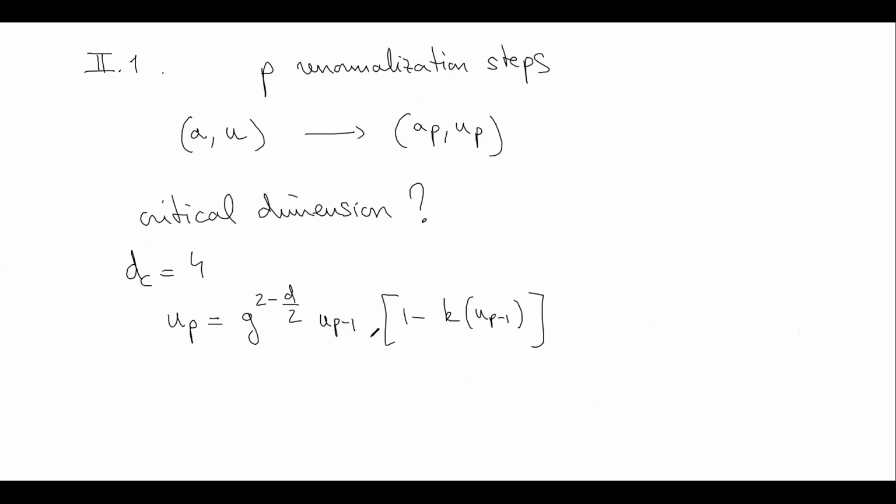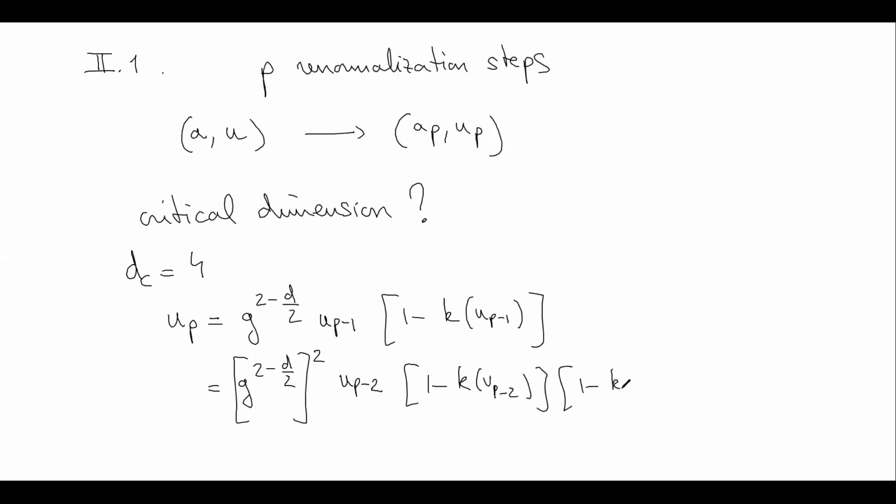But U_P minus 1 is itself obtained by the same kind of power law. So there is a factor, a power 2, U_P minus 2 here. Sorry for the typo. U_P minus 2. And then 1 minus K, U_P minus 2, 1 minus K, evaluated at U_P minus 1. Okay? And so on and so forth.